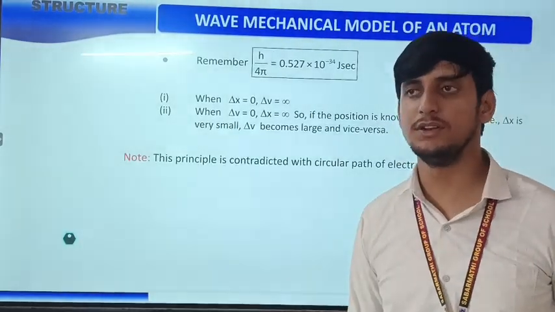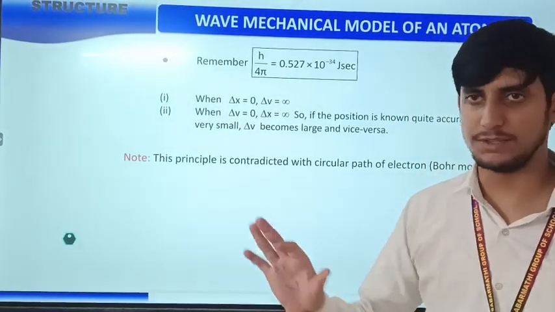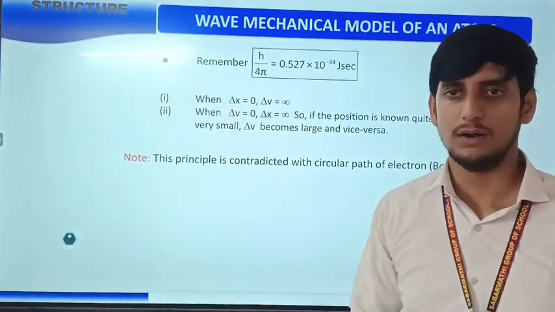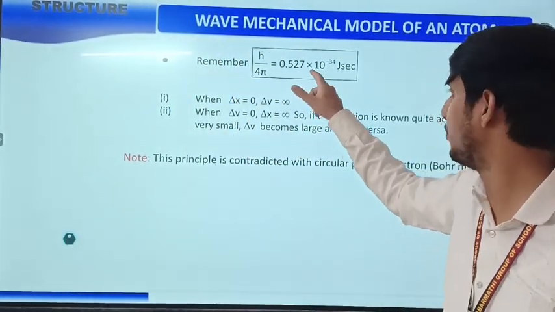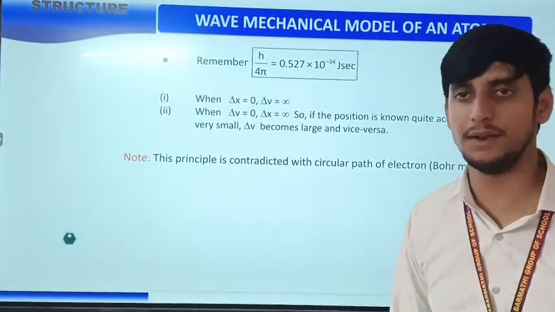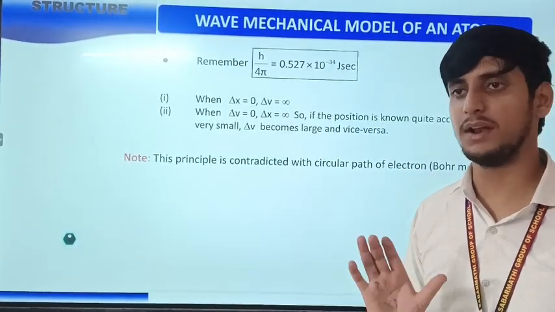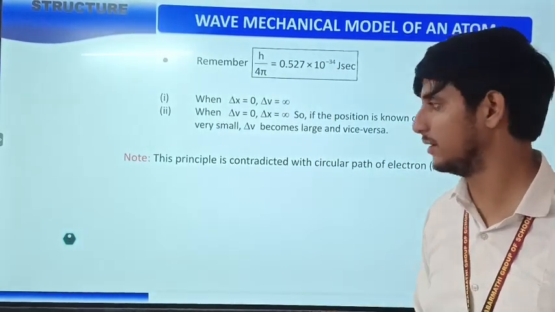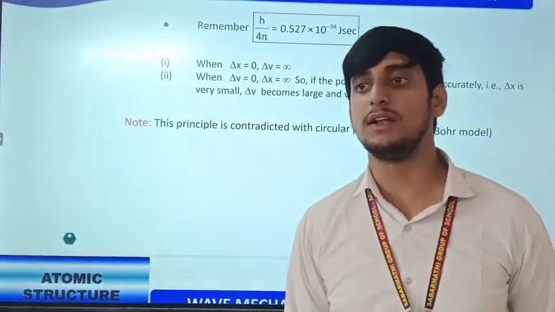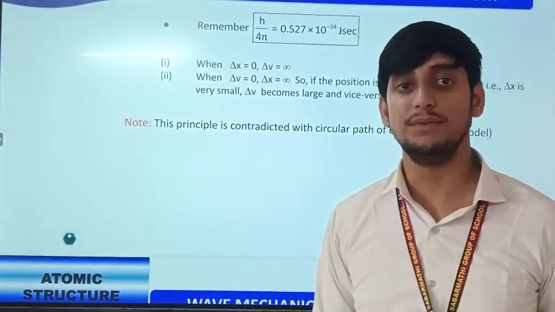For easy calculation, you can remember this value: h/2π, since h and 2π are constants, is 0.527 × 10⁻³⁴ joule second. You can remember this for easy calculations. And when Δx is 0, Δv is infinite.